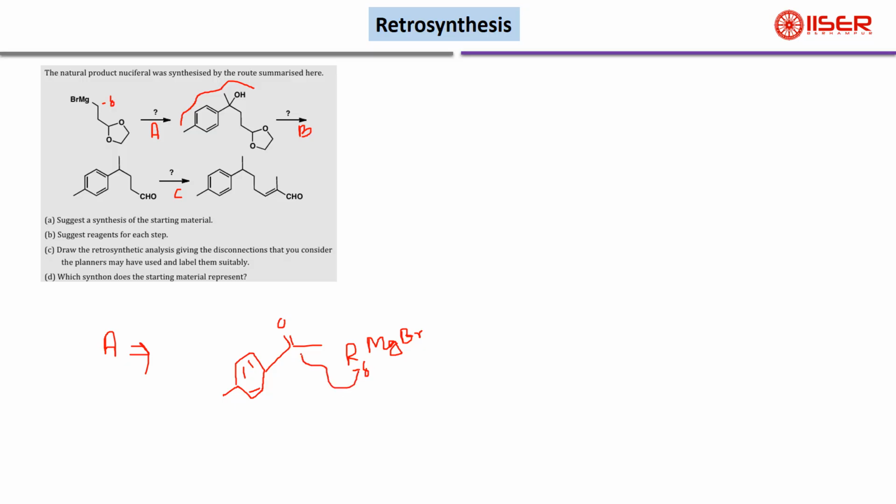This Grignard will attack here and it will open up and give us this as our product. In the next step, they just remove the OH group.